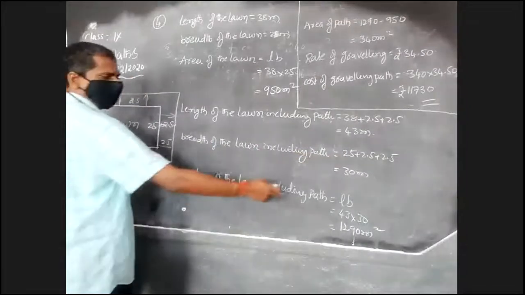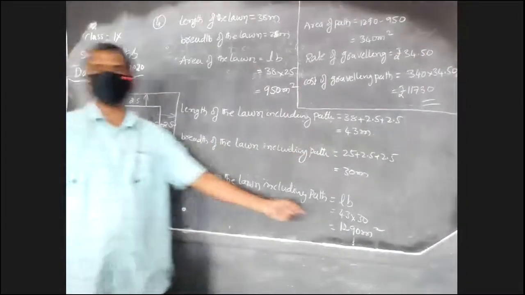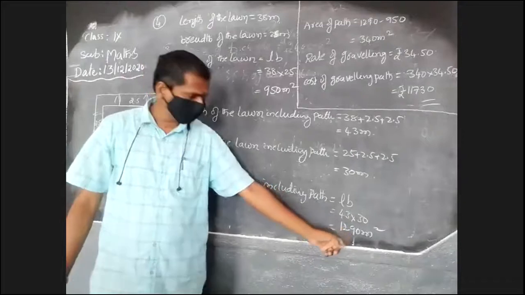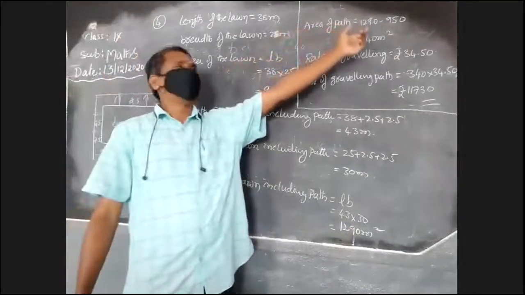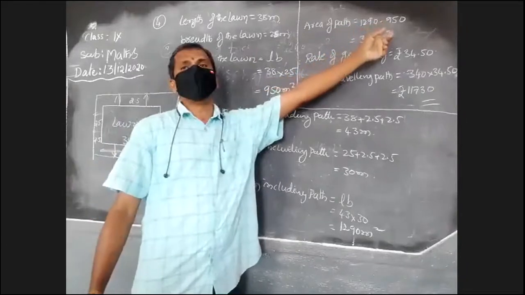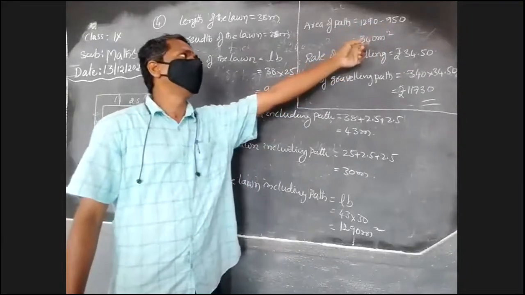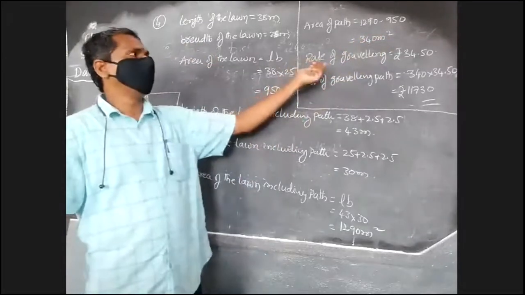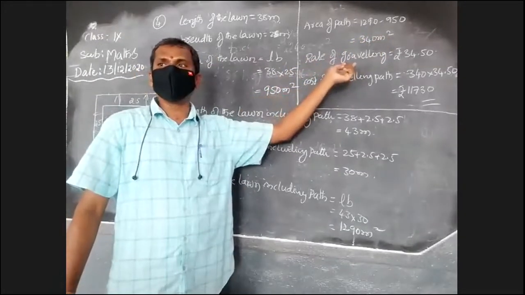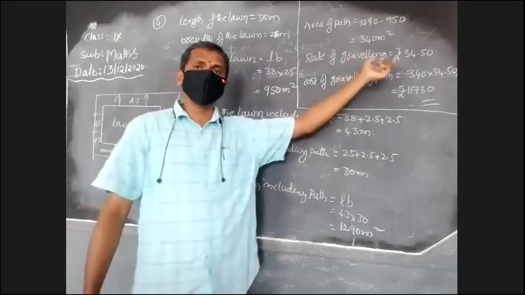Area of the land including the path is 43 into 30, that is 1290 meter square. Area of the path is 1290 meter square minus 950 meter square, so that is 340 meter square. Rate of graveling is rupees 34 rupees 50 paisa.